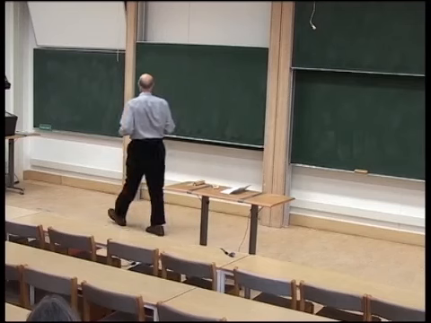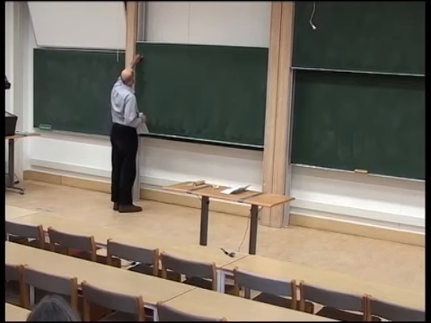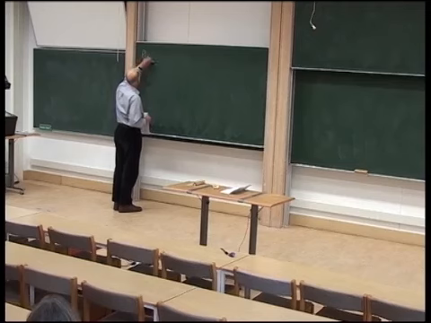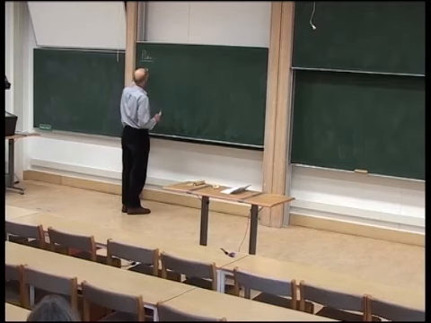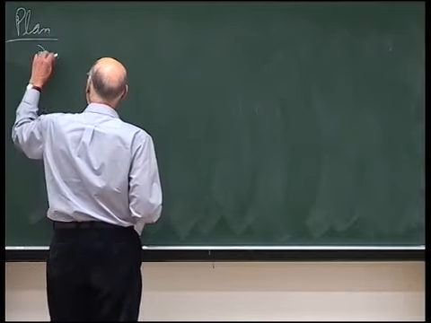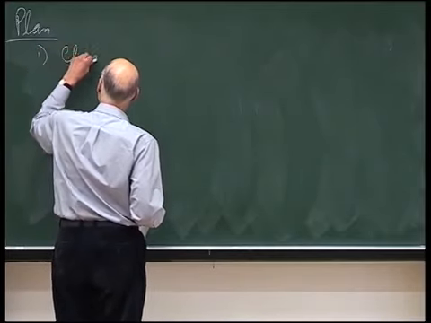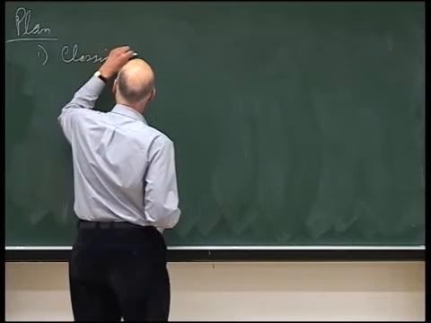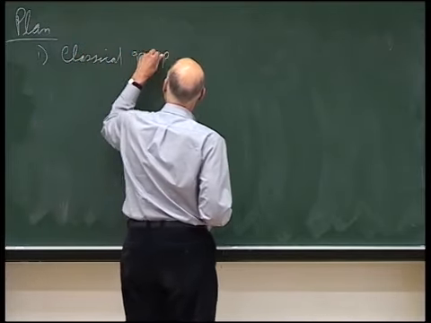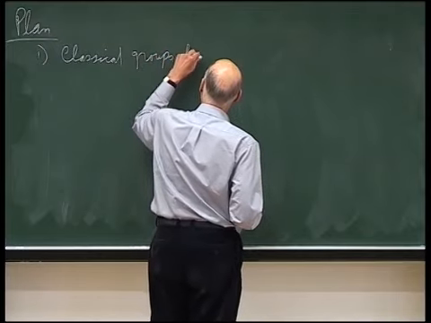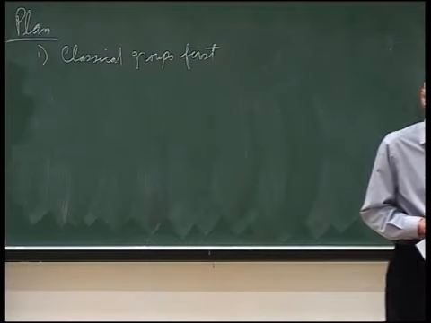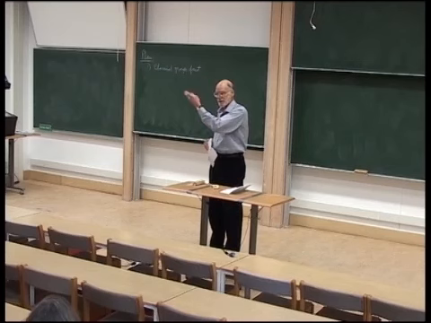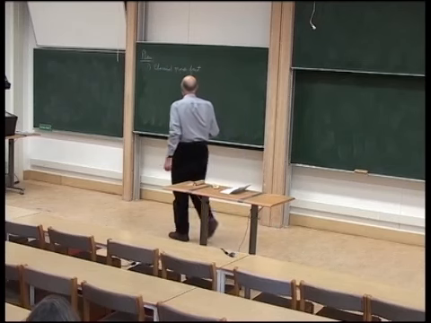It goes roughly like this. Plan. These are in pretty good-sized chunks. So you do the classical groups first. Now remember, I'm allowing all characteristics, so p equals 2 is serious for classical groups, and I spoke about that yesterday at Cambridge.